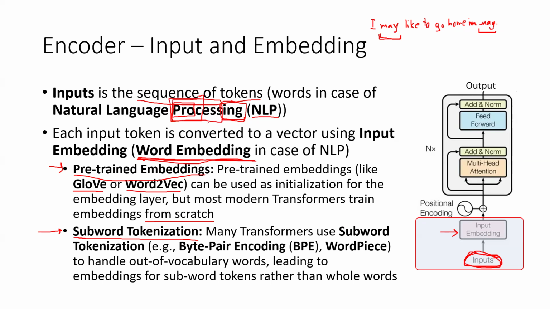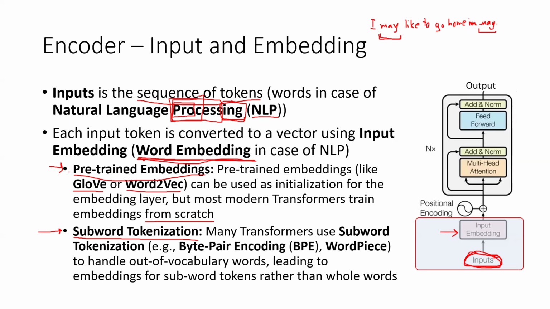So whatever the largest token it has, there are different ways of tokenizing these words into different pieces, not only as complete words, like natural as a single token, language as a different token, and processing as a different token.